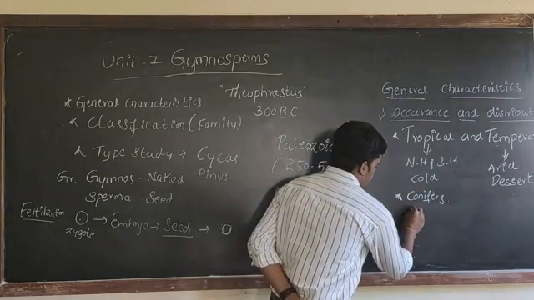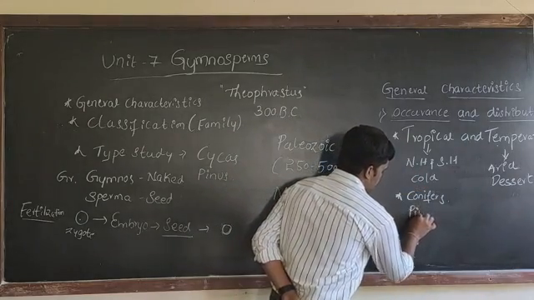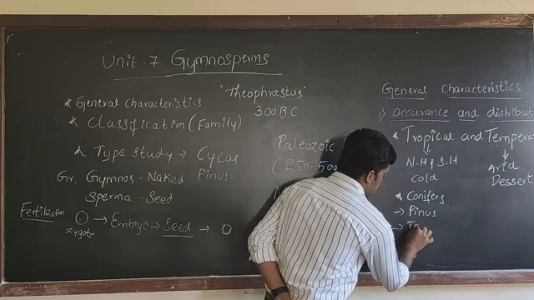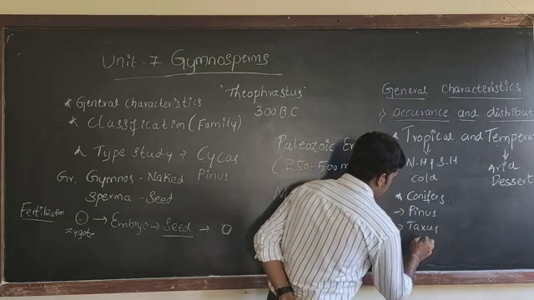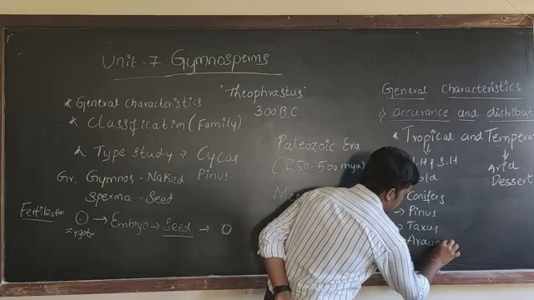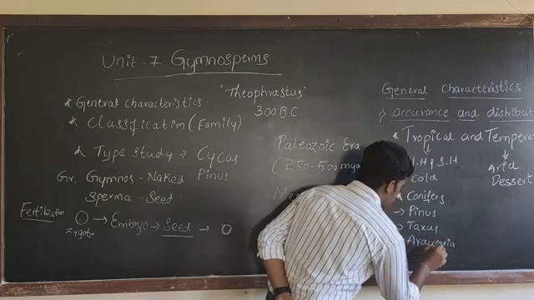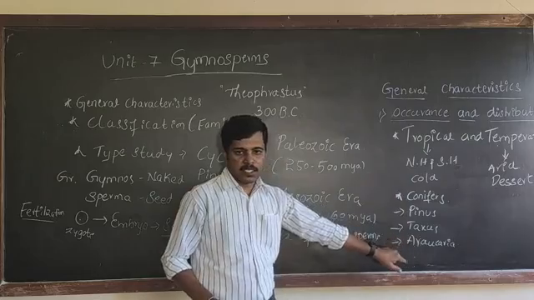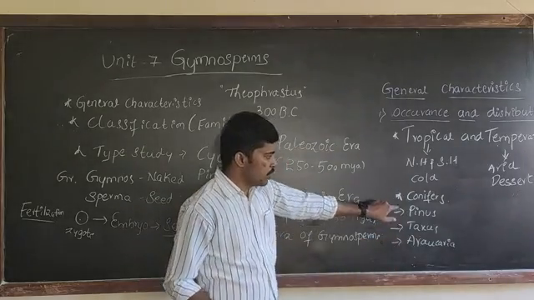Some of the examples being Pinus, Taxus, Araucaria. So these are some of the gymnosperm species.